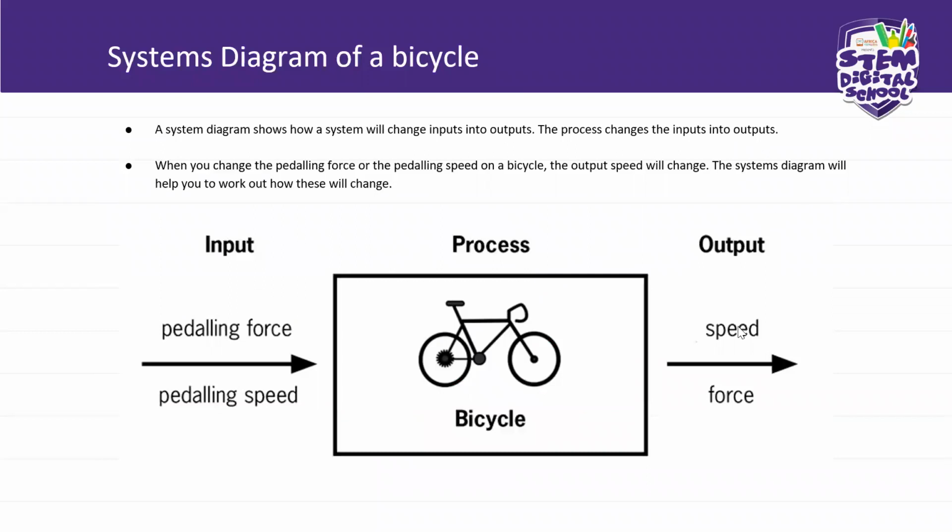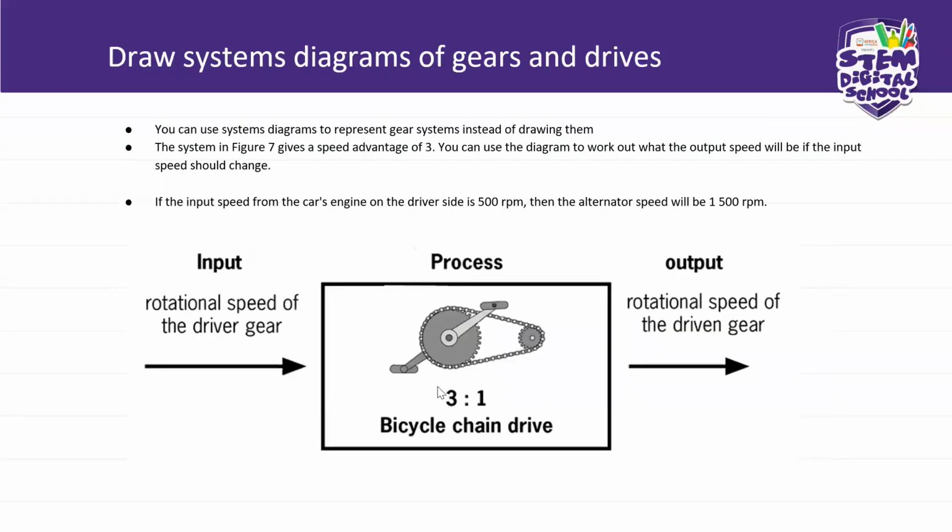So, the output is speed or force, but you must be able to analyze the speed because it will differ on a downward slope or an uphill slope. Okay, right. Now, you can use a systems diagram to represent gear systems instead of drawing them.